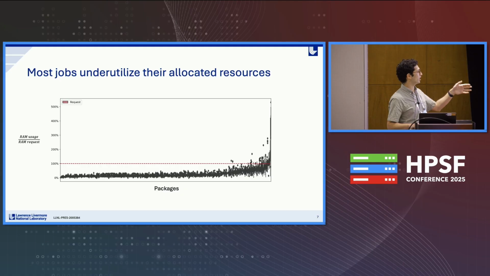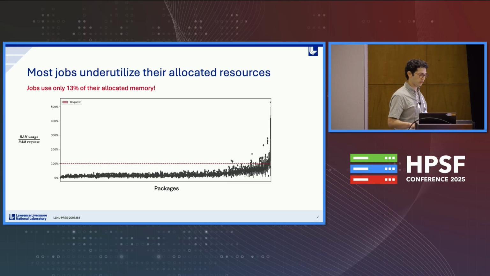Here's a histogram of individual package builds for each package that we build in CI, and the ratio of a package's RAM usage over its request. As you can see, the vast majority of these packages are using hardly anything of what they request. And then you have these ridiculous packages that are using like 500%.